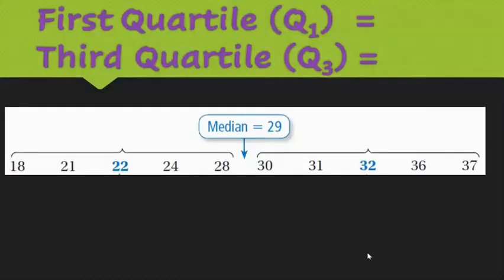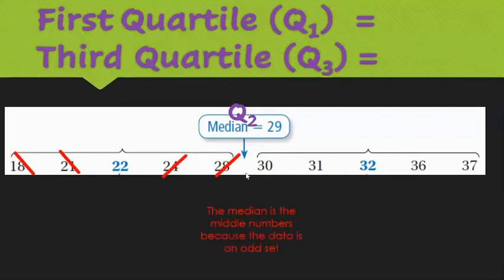When we look at this information, we understand that the median of this data set would be 29. We repeat the same process for the lower half of the data, recognizing that because this is an odd number of data points, we can easily see that our Q1, or first quartile, is represented by the value of 22.